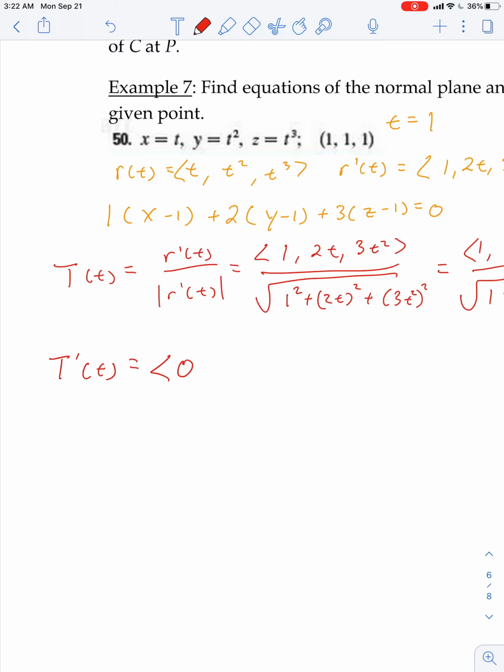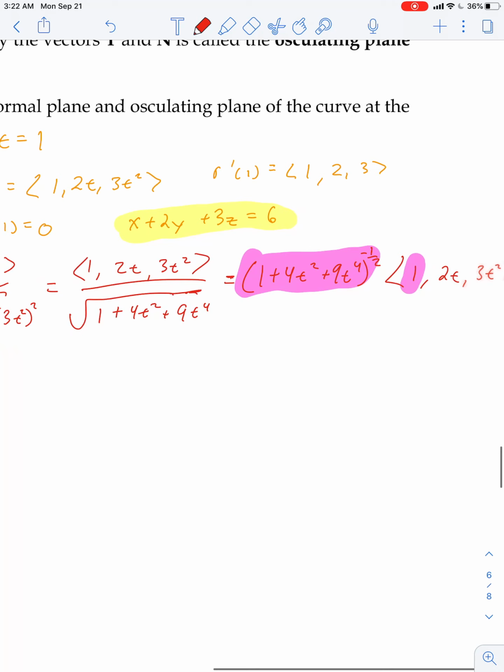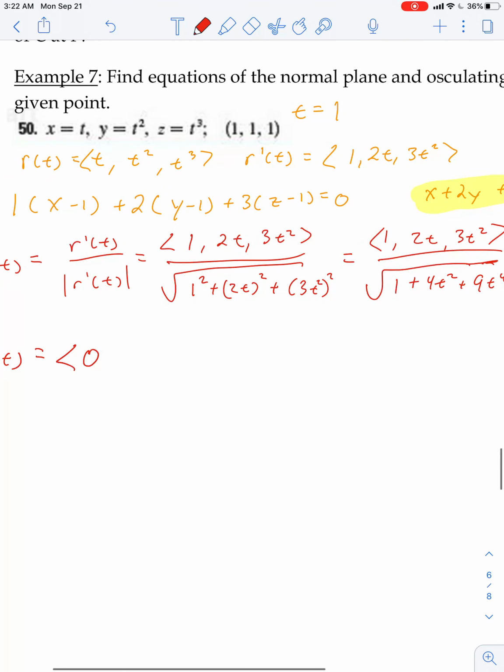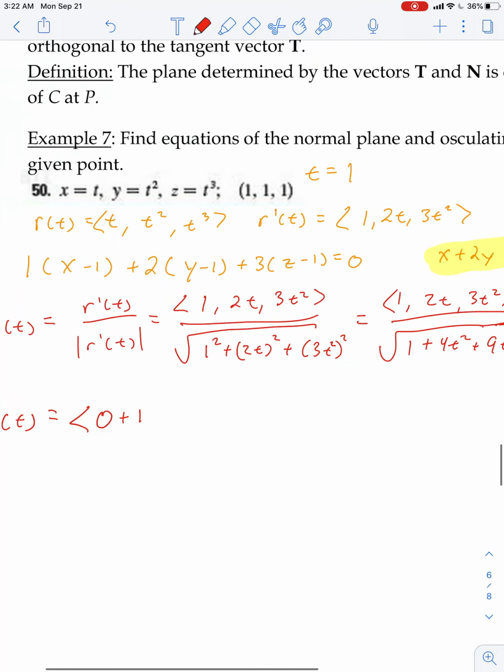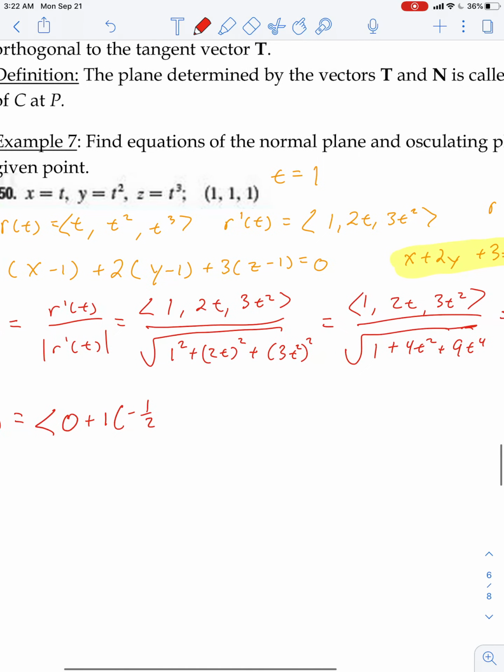So 0 times all of this is going to be 0, so that means this vector is going to be 0, plus 1 times the derivative of all that. So now I'm going to multiply by negative 1/2.